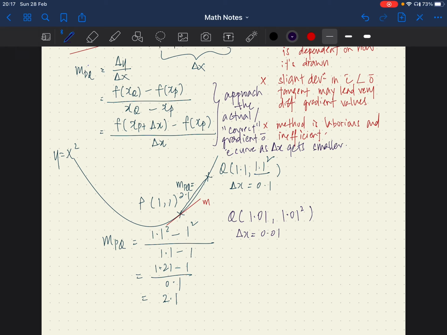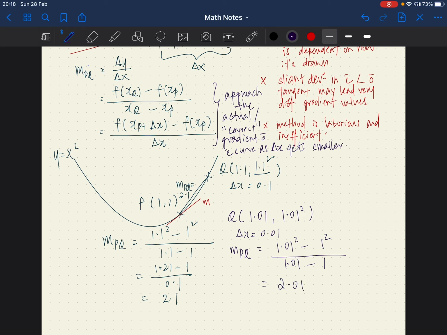So my new gradient PQ will be 1.01 squared minus 1 squared over 1.01 minus 1. So what you should get when you evaluate this is 2.01.